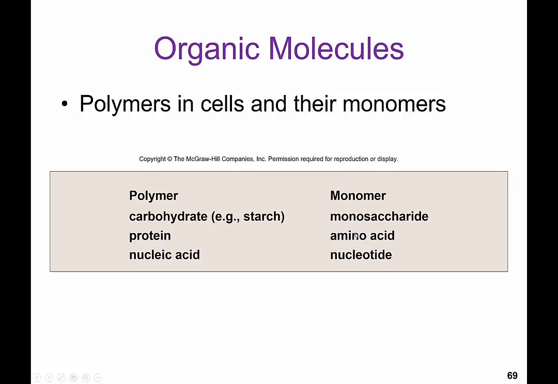For proteins, they are composed of amino acids. So you have amino acid monomers that join together to form protein polymers. Similarly, you have nucleotide monomers that join together in synthesis reactions to form nucleic acid polymers.